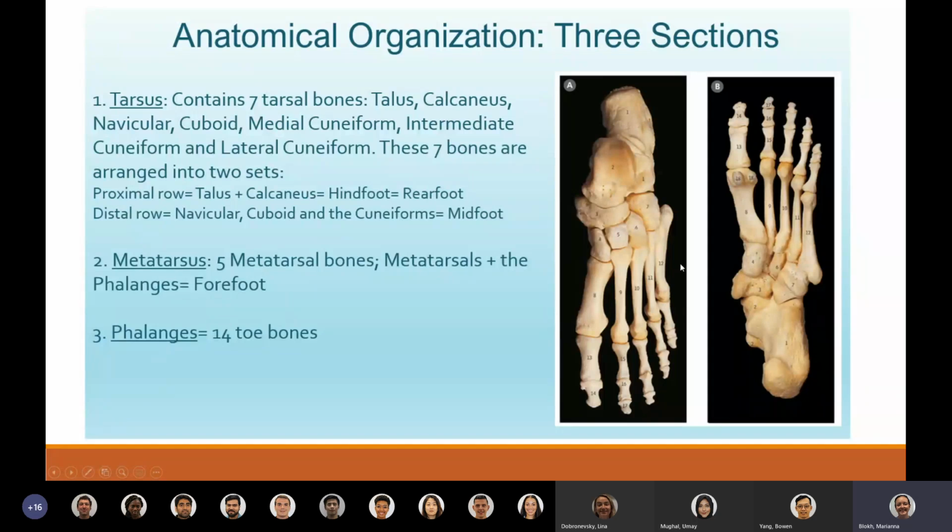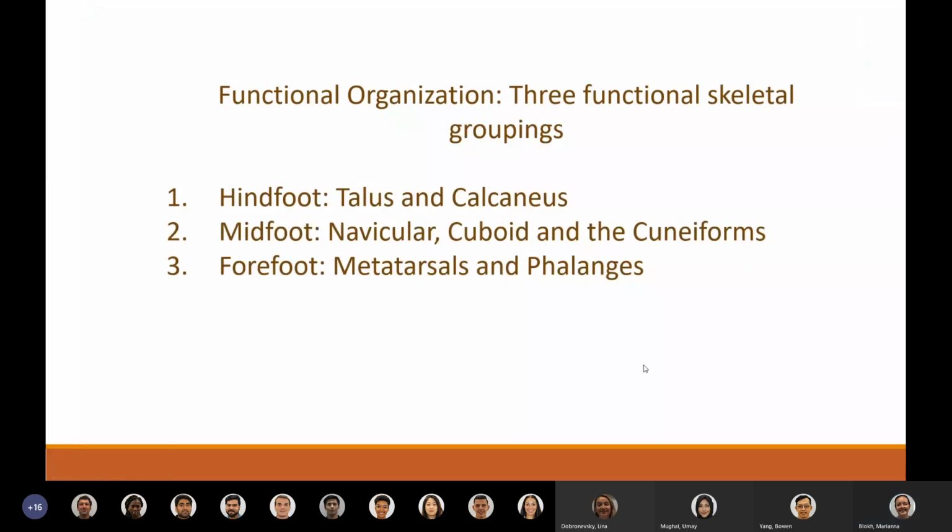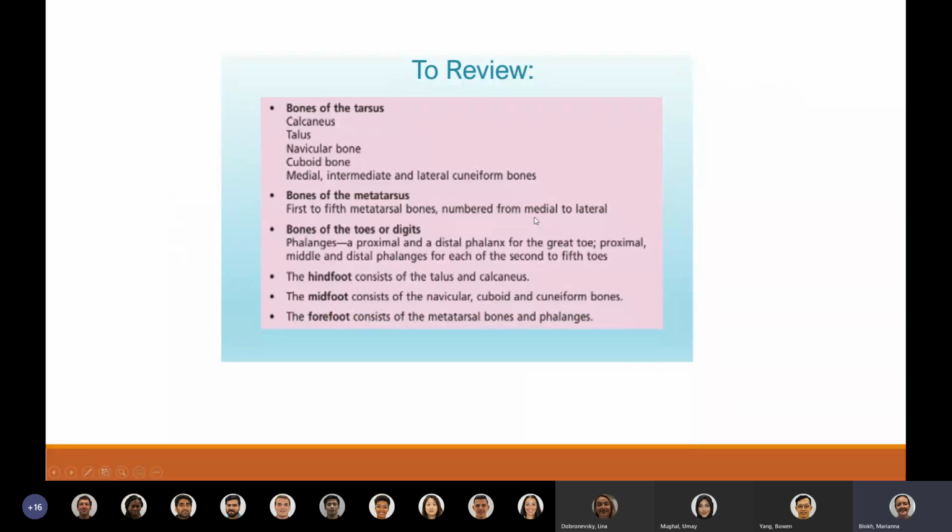So basically metatarsals and the phalanges together are classified as the forefoot, and that's where you're required to do most of your surgeries. And phalanges are basically our 14 toe bones. Okay, so pretty easy. So again, forefoot: metatarsals, phalanges; midfoot: navicular, cuboid, and the cuneiforms; hindfoot: talus and calcaneus.